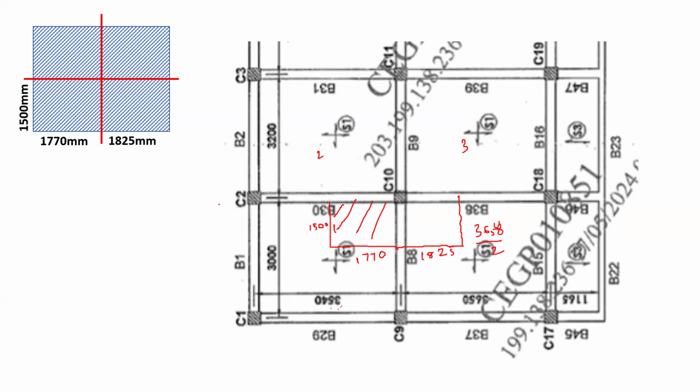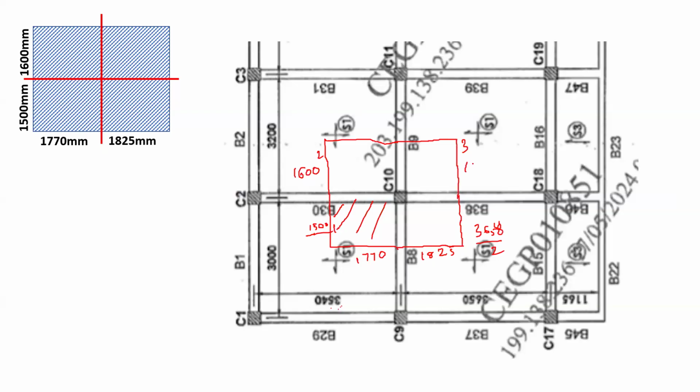Then this is 3000, so this distance will be 1500, and this is 3200, so if we go with this, we will get 1600. These values again: 1770 and then 1825.